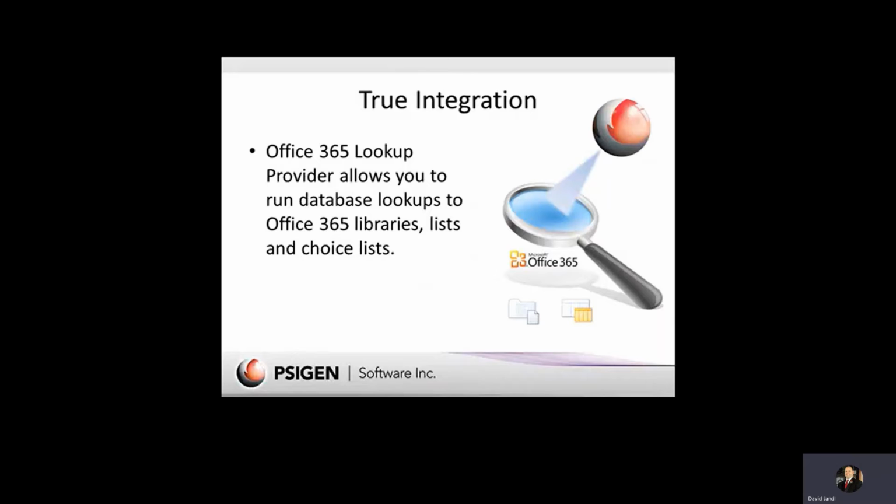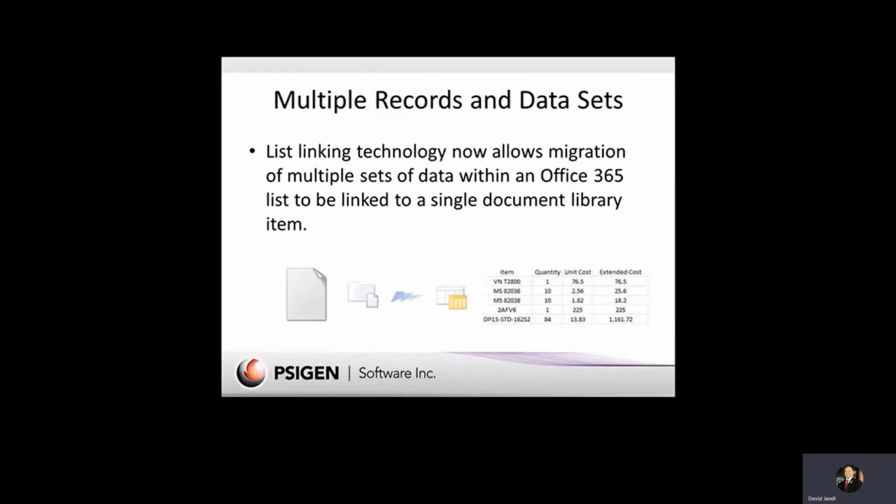So what you can do is during the capture process, let's say you find a phone number on an invoice and you want to go ahead and ping Office 365, a SharePoint list that has vendor information, and bring back the vendor name. We can do that, and I'll actually show you that in the interactive demo, which I'm going to perform here in a few minutes. And we can do that lookup to libraries, lists, and choice lists within the Office 365 environment.